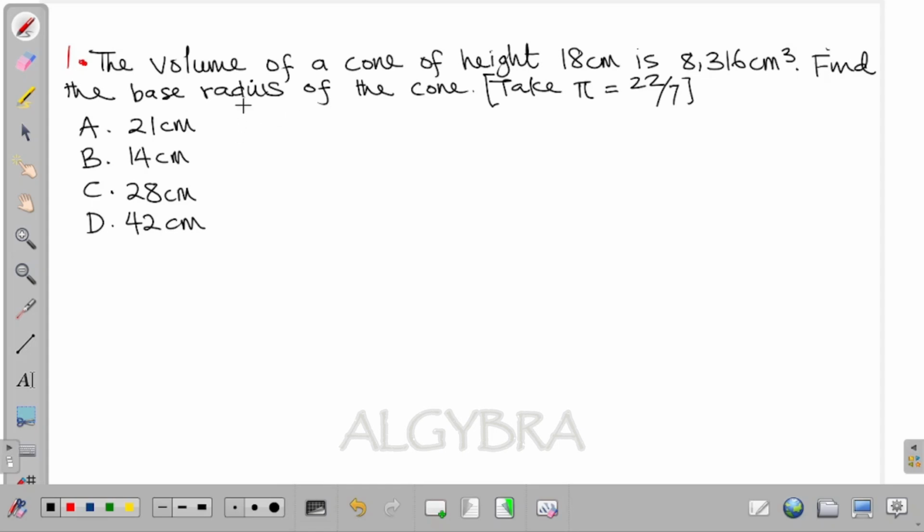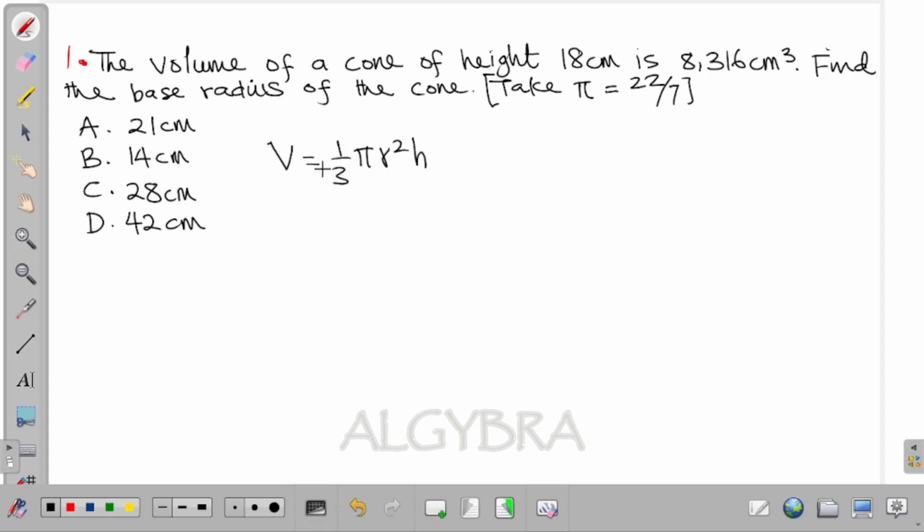Now, to find the base radius of the cone, we'll use the formula for the volume of a cone. The volume V is given by 1 over 3 multiplied by pi multiplied by the square of the radius and the height of the cone.